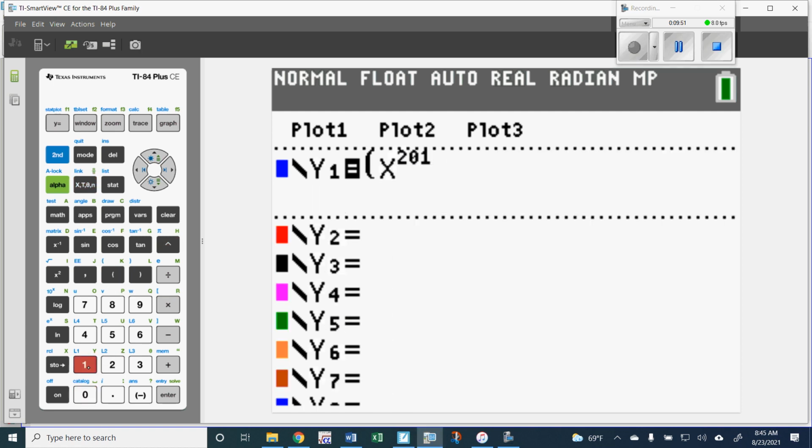Now, it should look like y equals x, right? Straight line. Does it? Okay. So it should just be a straight line.